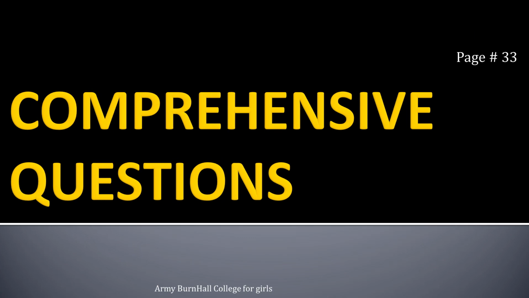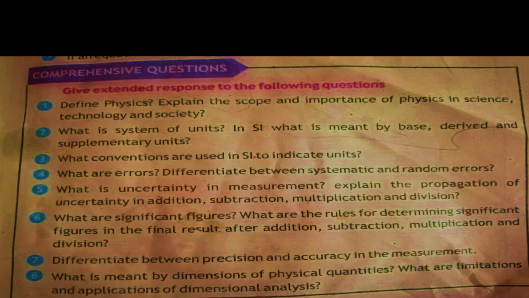Okay, all the comprehensive questions which are in your book, we have already done. We have already covered those comprehensive questions. So you can check all these questions that we have already done, but you have to give extended response to the following questions. You have to write it in detail, each and everything.